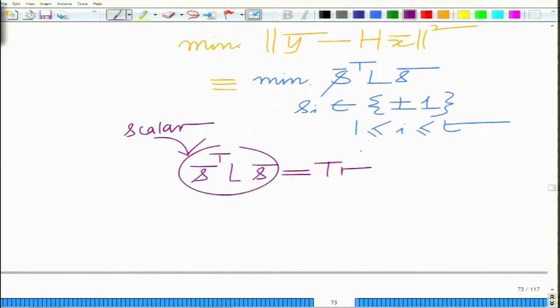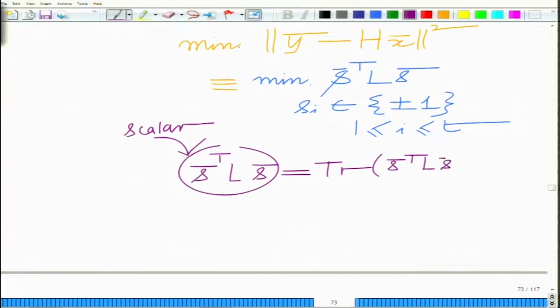So, I can write this as a trace, because if you take the trace of a number, remember trace is the sum of the diagonal elements for a square matrix, and a single number is a special case of a square matrix. So the trace will yield the number itself. So I can write this as trace of S bar transpose L S bar.